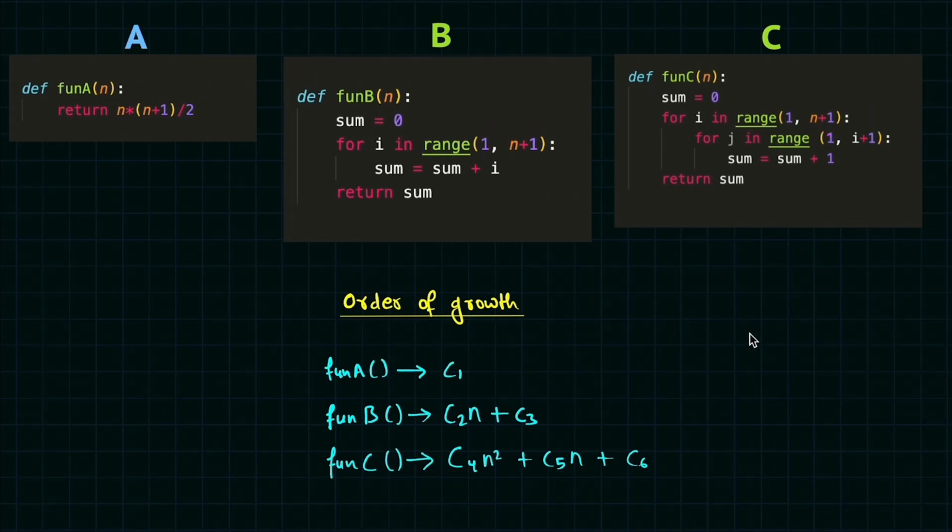During analysis of algorithms, we mostly consider the term with the highest degree or the highest power, because the terms with lower degrees have an insignificant effect in the function expression as the value of n increases. For example, let's compare n and n square. Let's say function 1 equals n and function 2 equals n square.